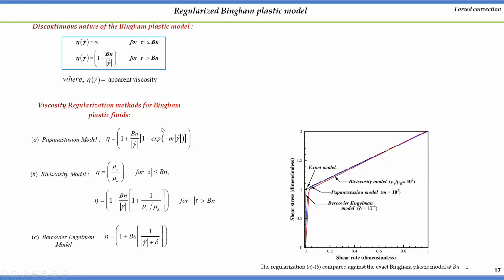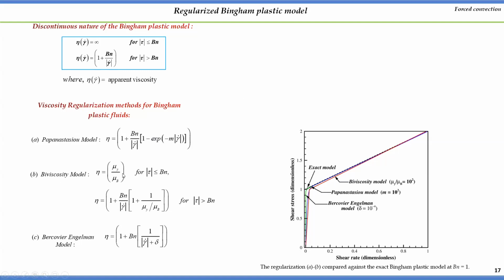This second term will become 0. When your m becomes very high, the exponent term becomes 0, and it gives us a viscosity resembling this.